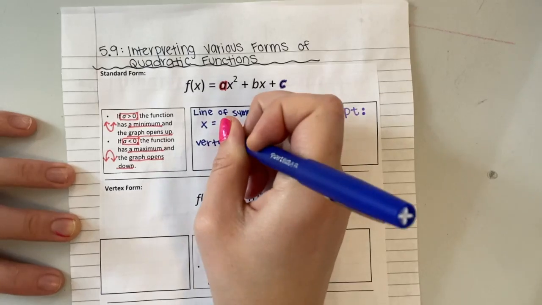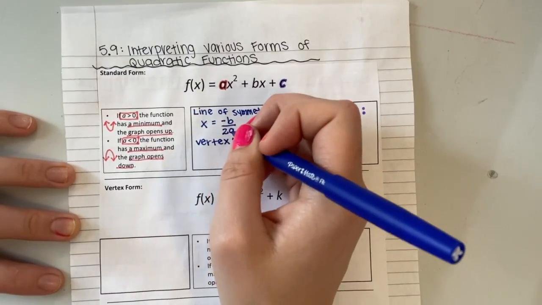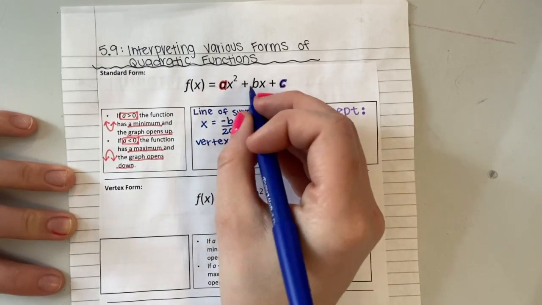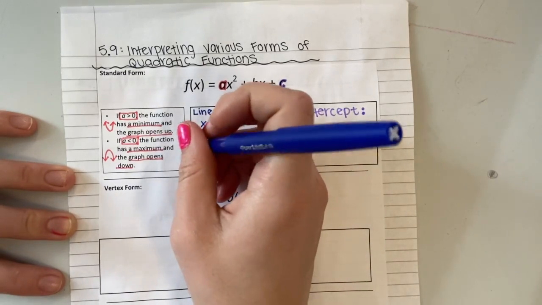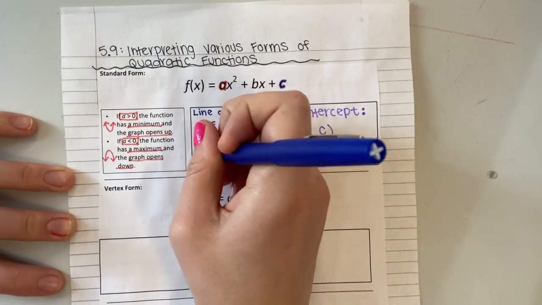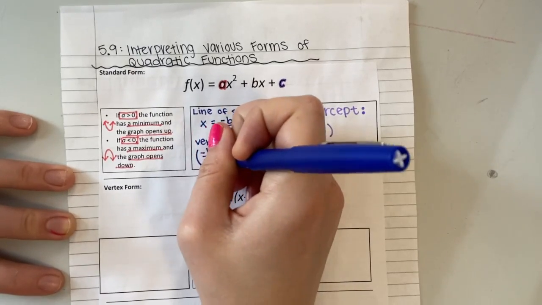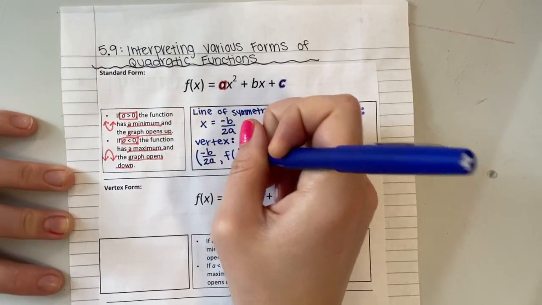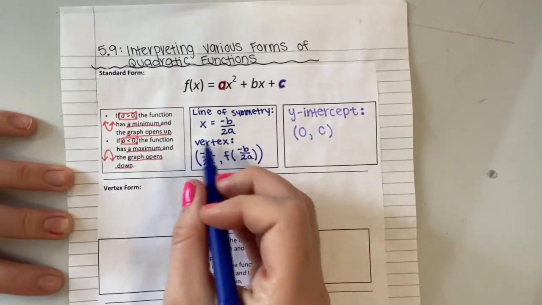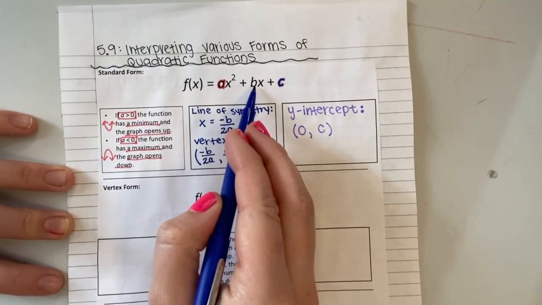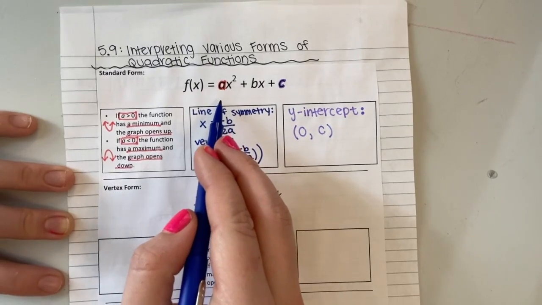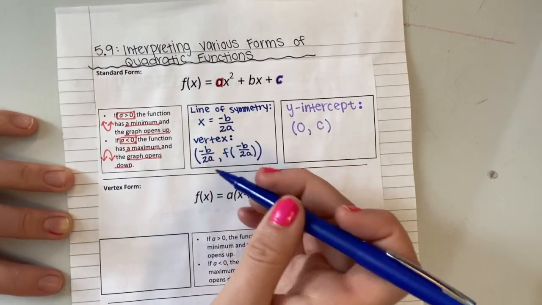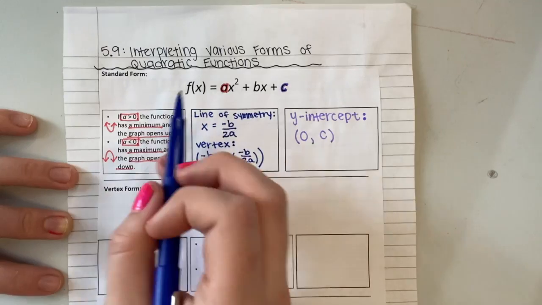So in order to do that, we just plug in whatever the x is of our line of symmetry into our original function and solve for f of x. So in a little bit more complicated form, we write it like this. Which just means my x value is negative b over 2a, and my y value, we're just replacing x in the function with whatever x value we got and solving for y.